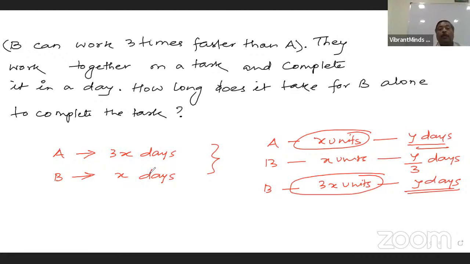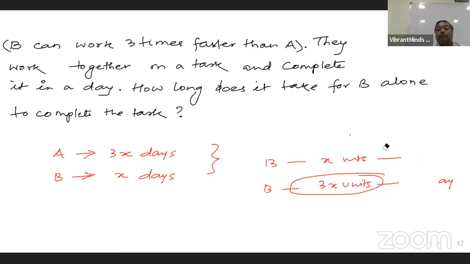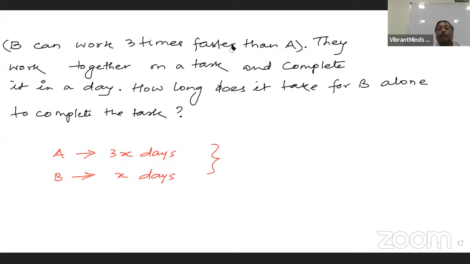Okay. Now see how I attempt. Please see. So A is taking 3x days, B is taking x days. The LCM will always be 3x. It will be 1 and it will be 3.